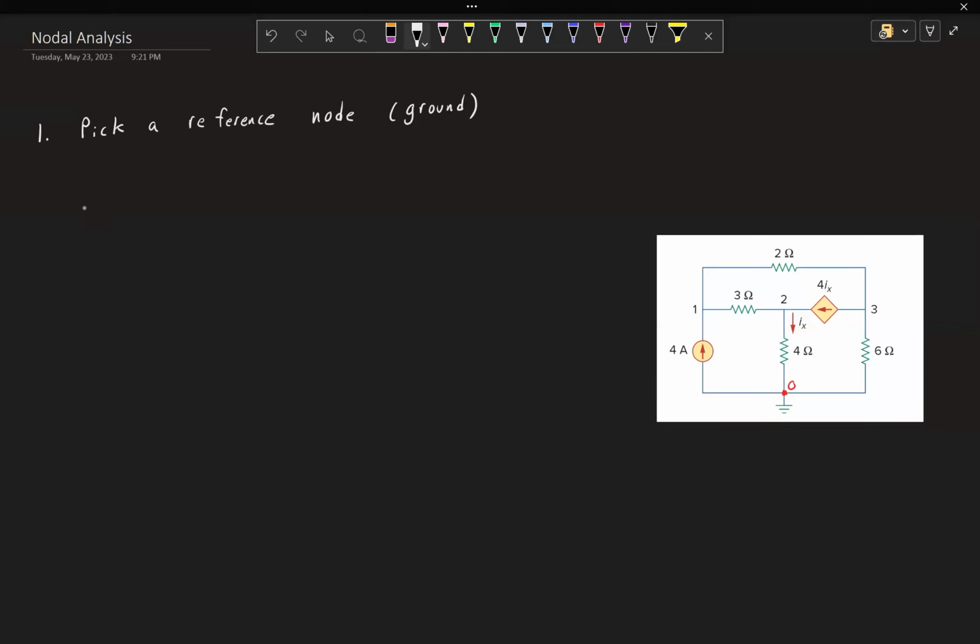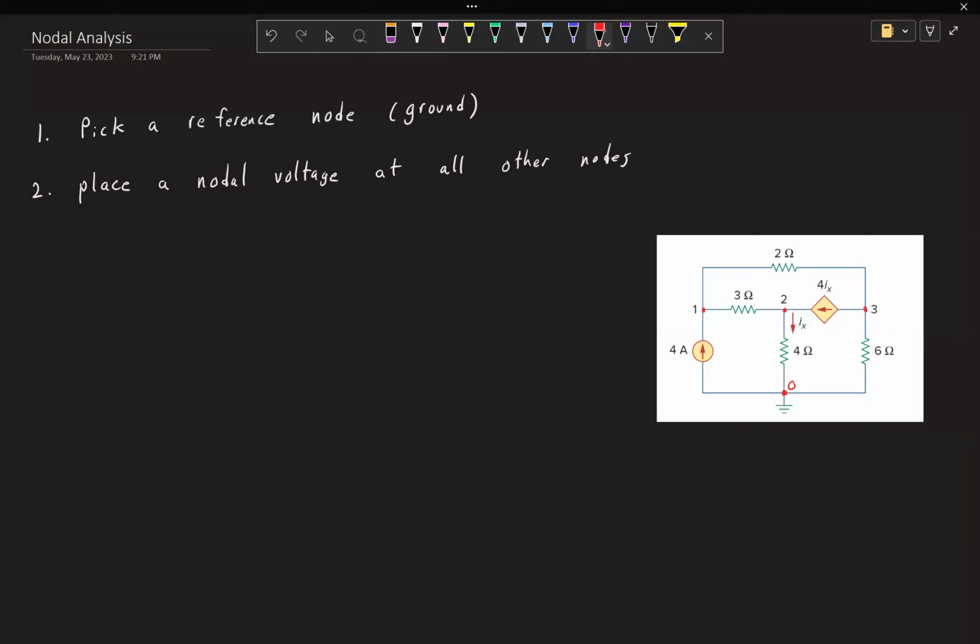Now step two is to place a nodal voltage at every other node. So you're probably also going to be given these in all your problems. So you see in this example, it gives us a 1, a 2, and a 3.